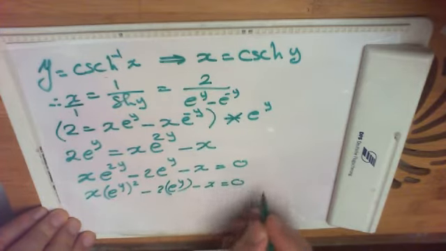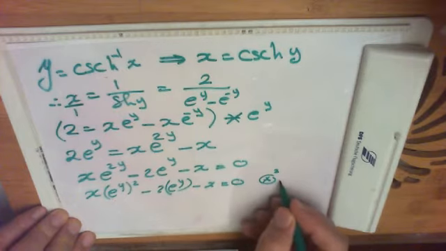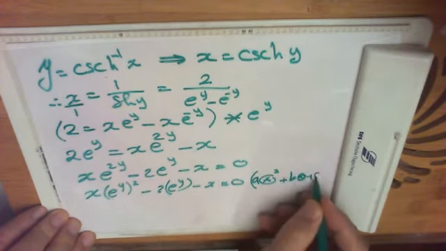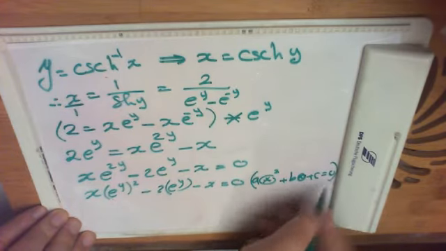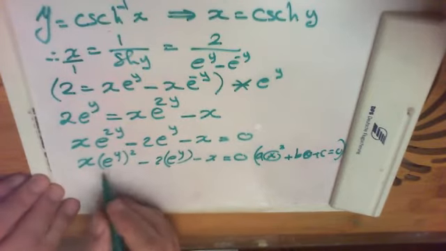This is a quadratic equation in e to y, as we discussed a few seconds ago, of the form a b squared plus b b plus c equals 0. Use the quadratic formula we used before.